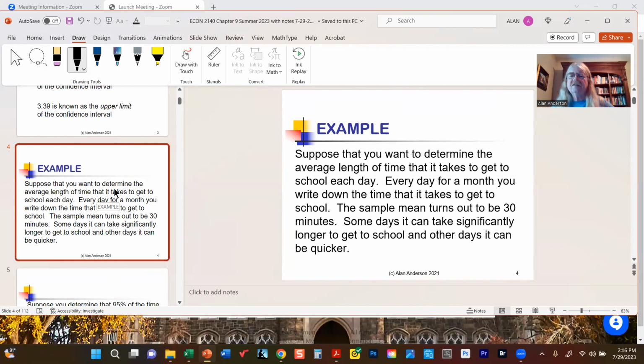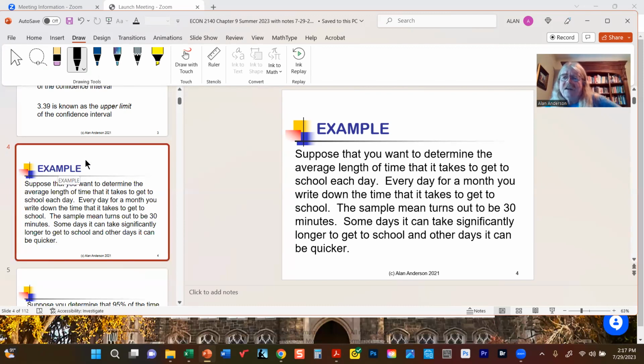Okay, in other words, you keep track of your commuting time every day for a month, and that represents a sample because it's not the entire year. And you discovered that the sample mean is 30 minutes, but of course, you know that some days it takes less than 30 minutes if the traffic is good, or it might take more than 30 minutes if the traffic is bad. A lot of things can happen to affect your commuting time.